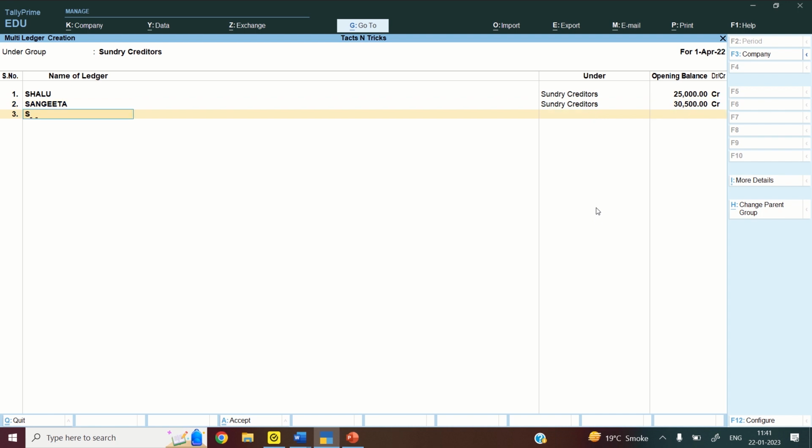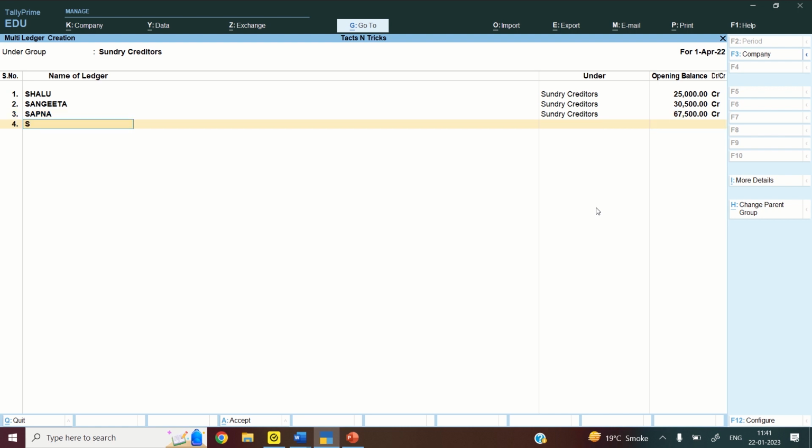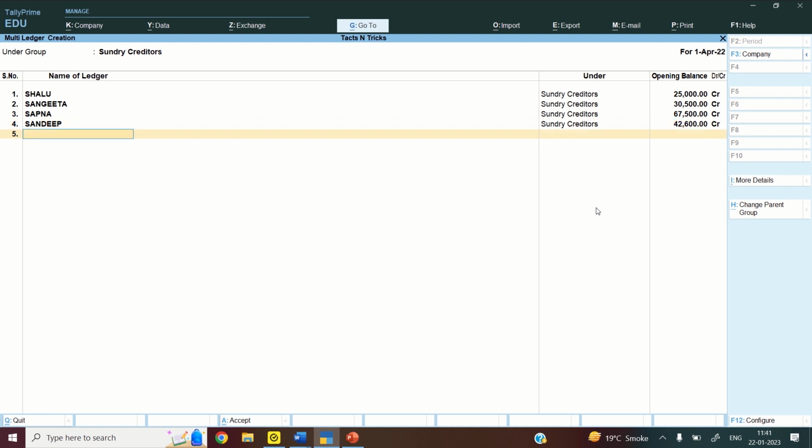Then Sapna, and the amount given is 67,500. Then Sandeep, amount given is 42,600. And Siddharth, and the amount given is 59,000.